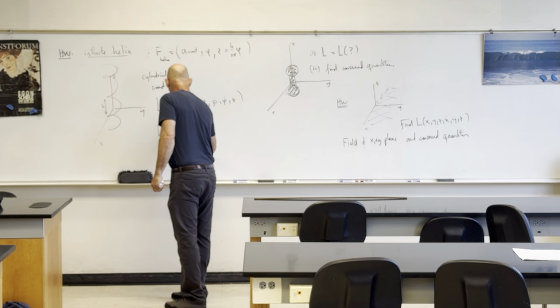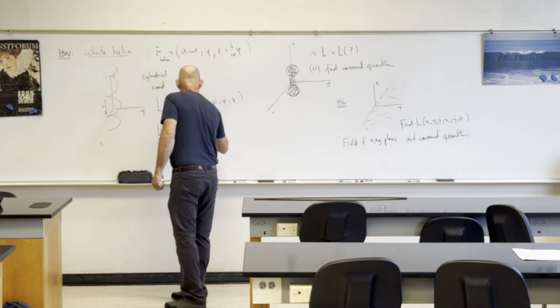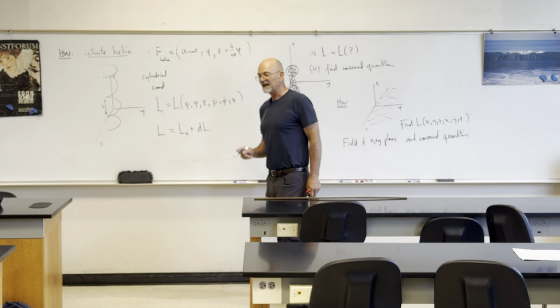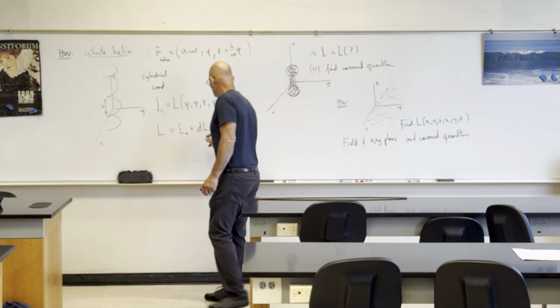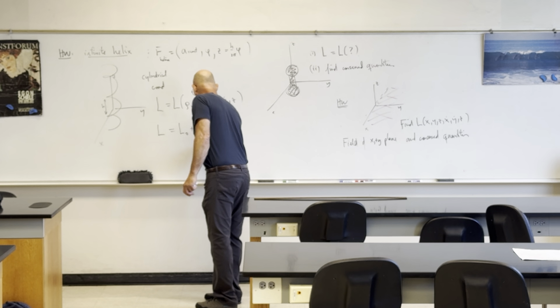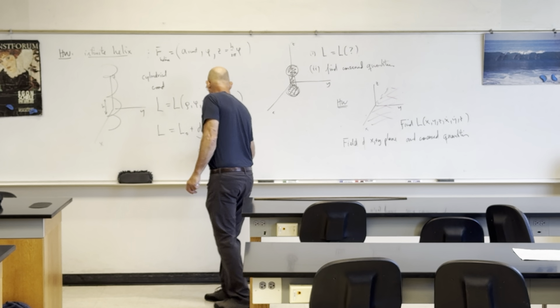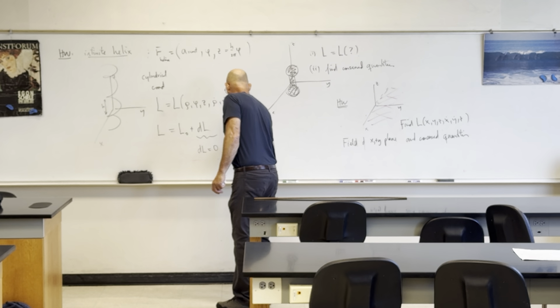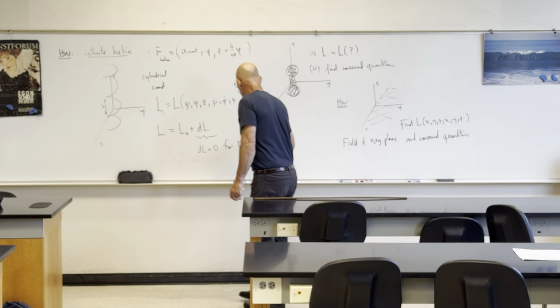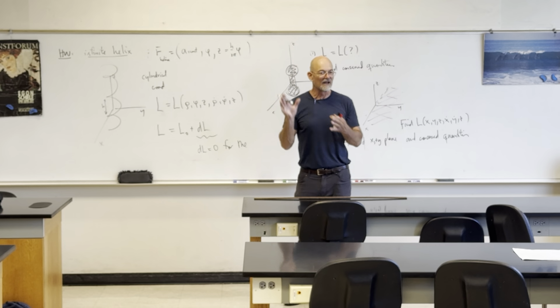L equals L naught plus DL in such a way that DL is equal to 0, for the transformation that leaves the helix looking unchanged.